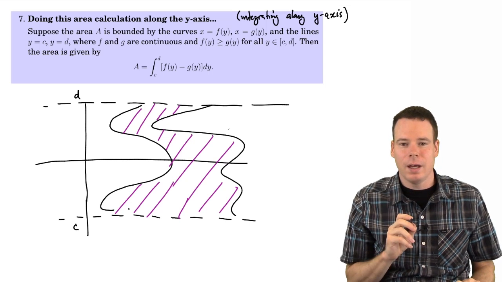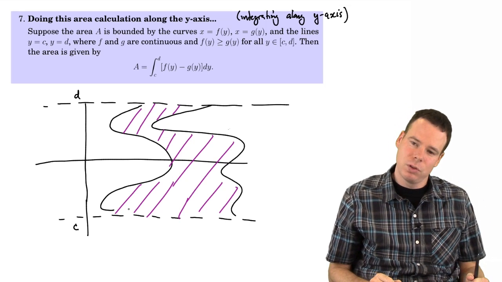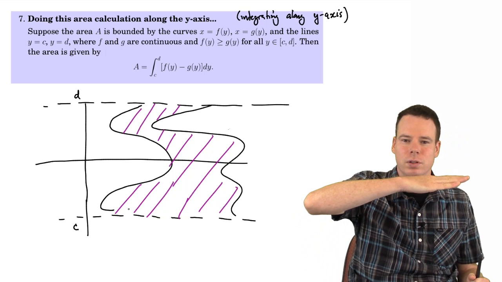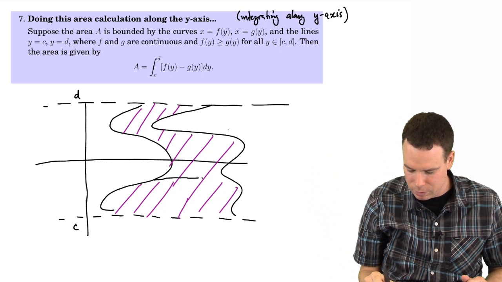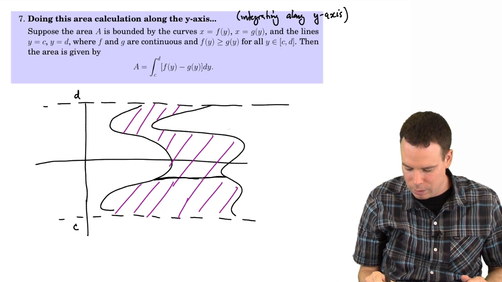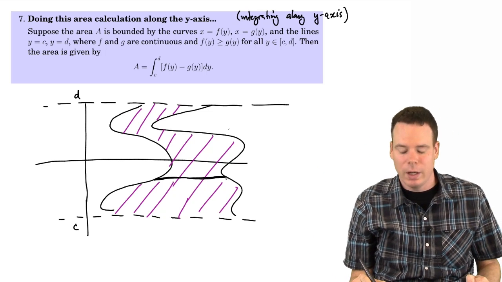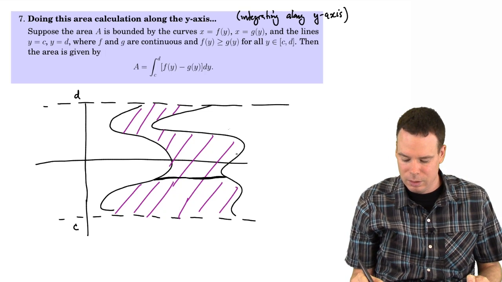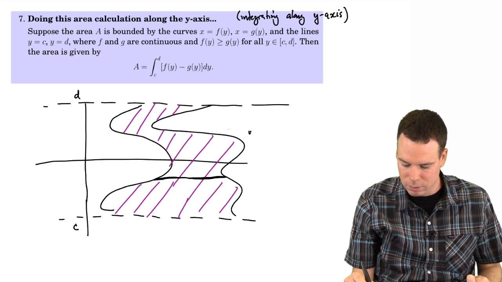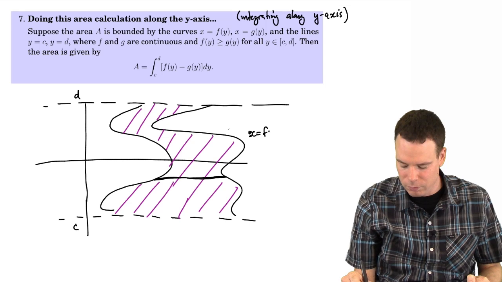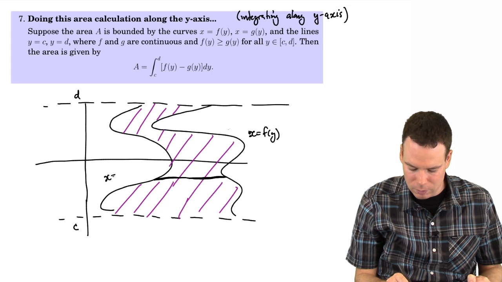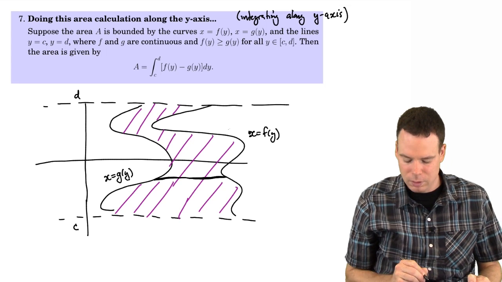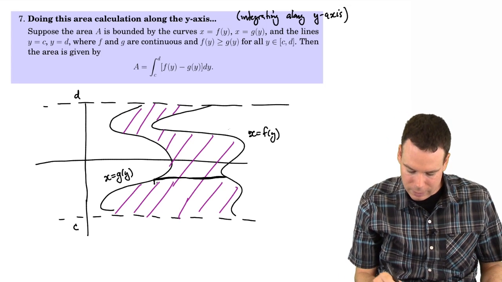But if I look at a change in perspective, twist my head 90 degrees and look at horizontal line segments sweeping out the region, I see that a horizontal line segment always has a right-hand endpoint given on this curve. Let's call this x equals f of y, and always has its left endpoint given on this curve, x equals g of y.